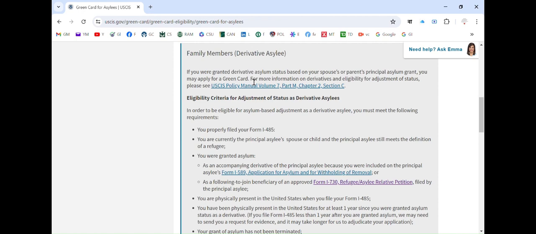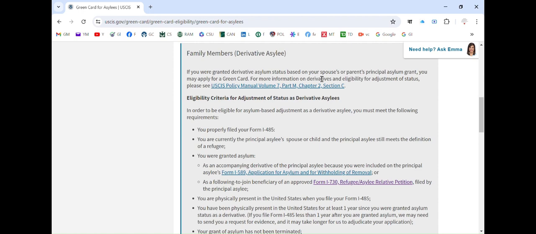If your spouse or your parent has to get the asylee status, and based on their asylee status, you can apply for an asylum which is called derivative asylum. That means you are related, like you are the spouse or child of your parent, or spouse of your spouse, like you are the wife or the husband, or you are one of the children of your parent.